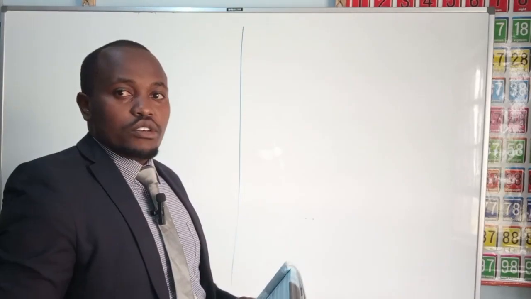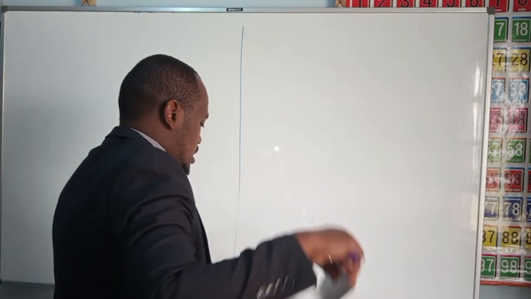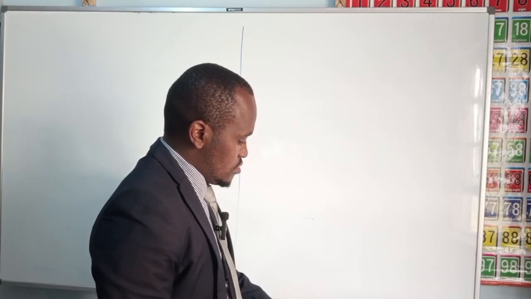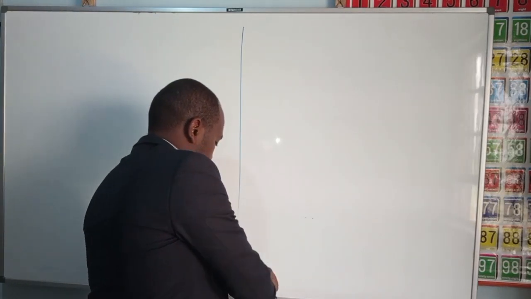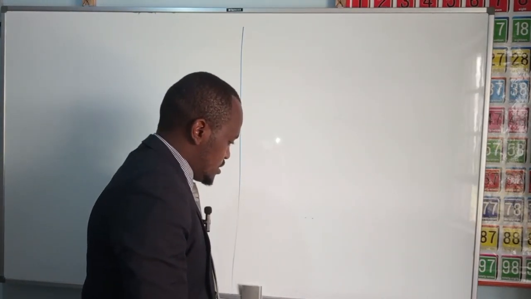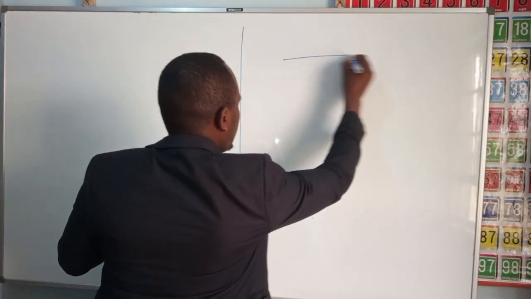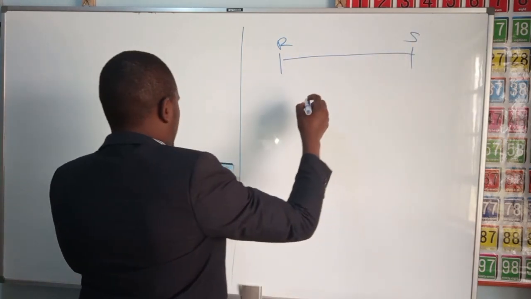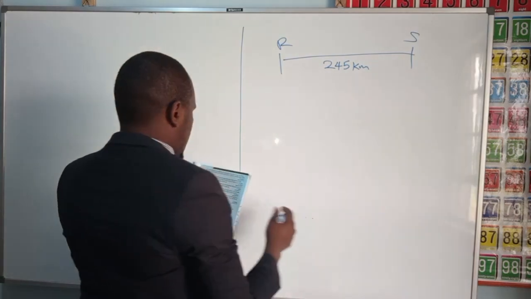Now, what you're supposed to do when you see this question is that you're supposed to create a sketch. So we have two towns, R and S, that are 245 kilometers apart.